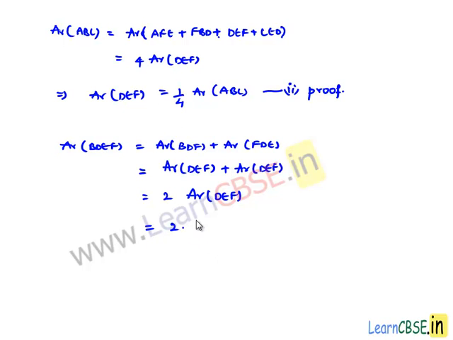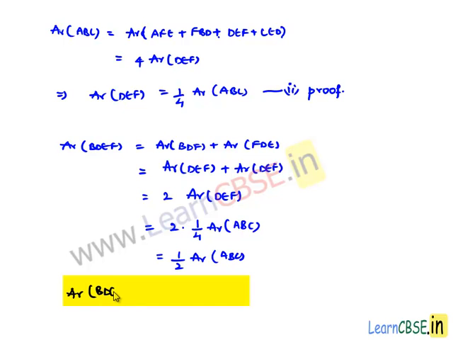We got it as 1/4 of the area of ABC, from the second proof, which is equal to half times the area of triangle ABC. Therefore finally we got that the area of parallelogram BDEF is equal to half times the area of triangle ABC. This is our third proof.